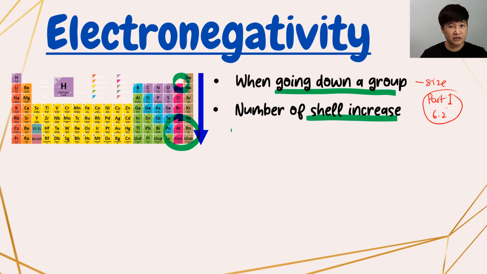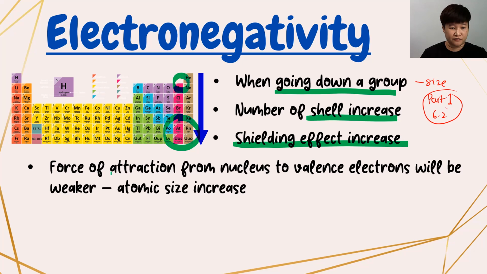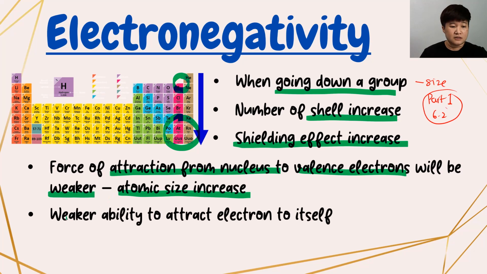When the number of shells increases, so what happens? The shielding effect increases. When the shielding effect is very high, the force of attraction from the nucleus to the valence electron will be very weak. Therefore, the atomic size will become bigger. When the atomic size becomes bigger, it will have a weaker ability to attract electrons to itself.